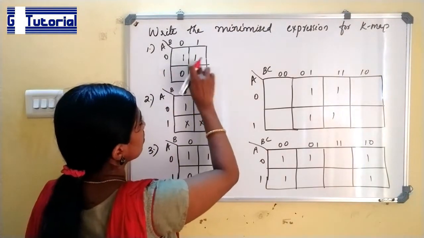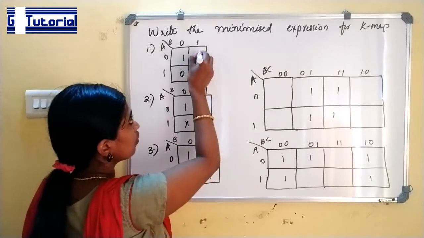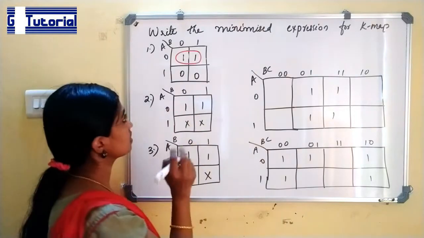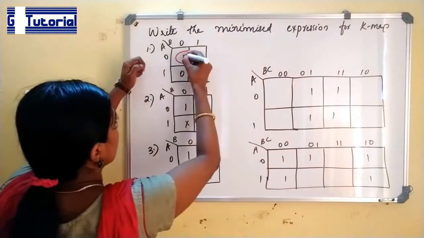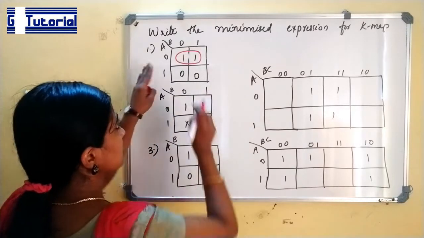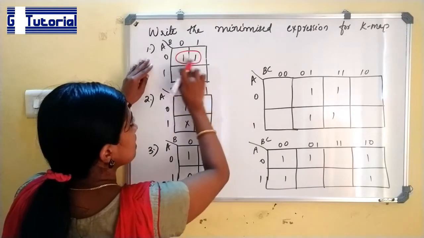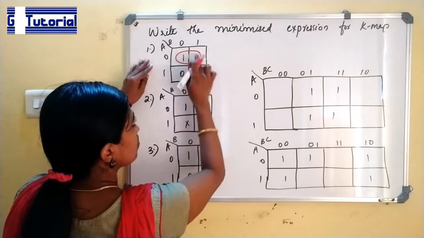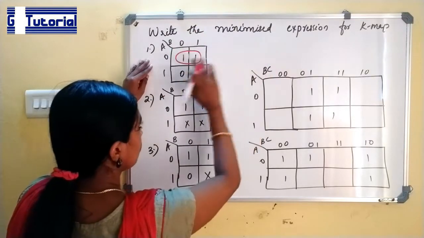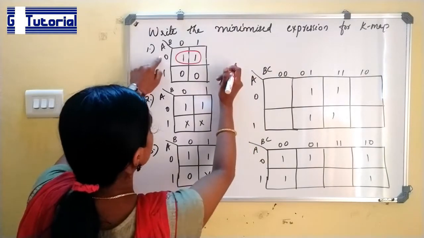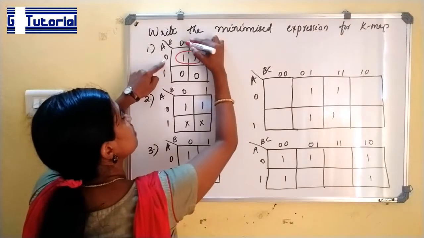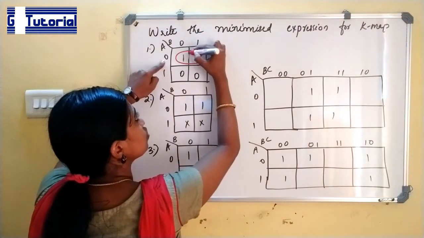Here there are only 2 ones. So the possible group we can form is a pair of 2 ones. In this pair the group is formed in the horizontal direction, and only the variable A is not changing, but B varies from 0 to 1 in these two adjacent cells.